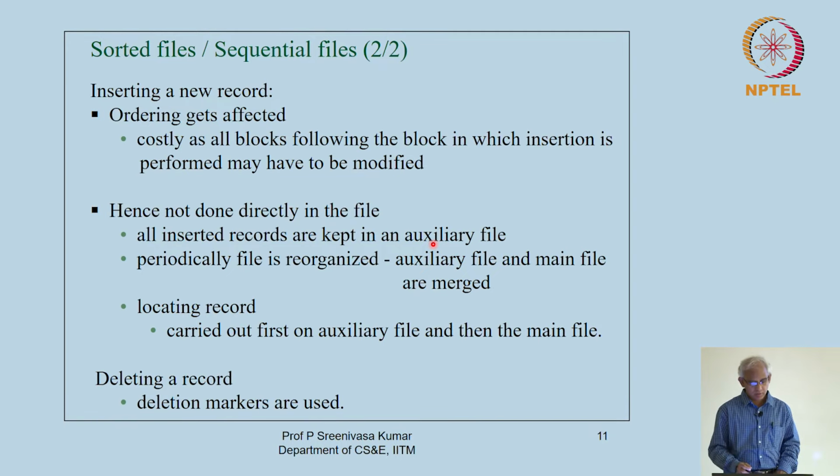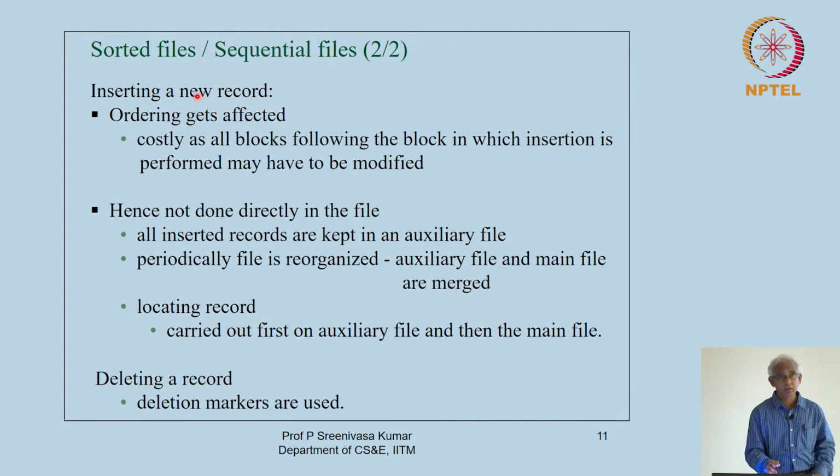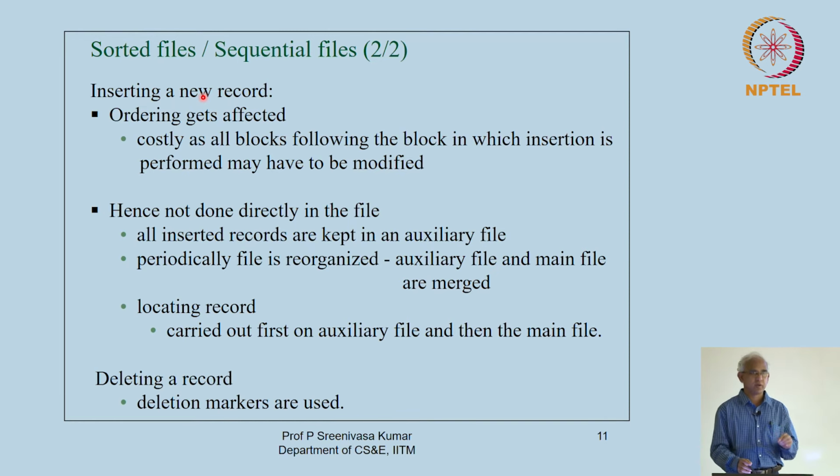Okay, so all that can be done. So on that particular ordering field, the access to the records is fast when you use sorted files. Okay, what about other fields? No use, right? Other fields, you basically have to do a file scan.